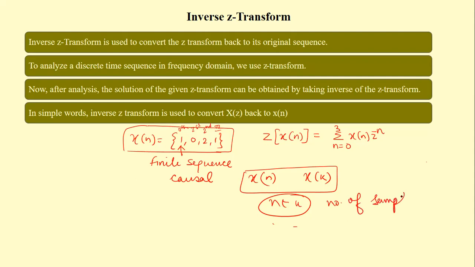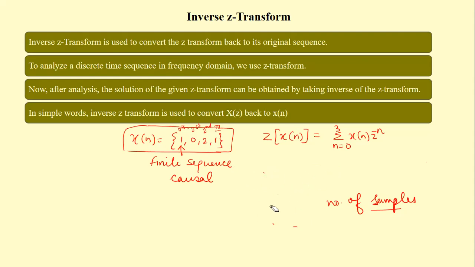So don't get confused with the notation. xn and xk are the same. There is no difference. It is only the way of writing, right? In some books you'll find xk as a discrete time sequence, in some books you'll find xn as a discrete time sequence, right?